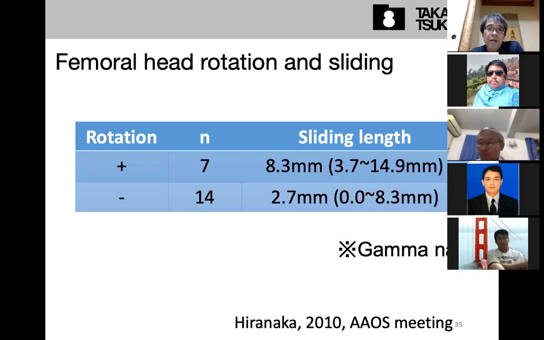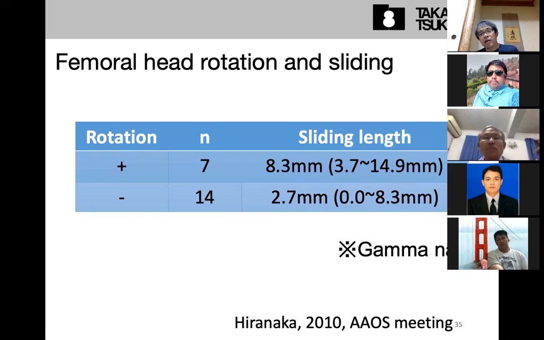Then I measured the sliding length and femoral head rotation at the same time. Interestingly, the sliding length is bigger in patients whose femoral head was rotated than in patients without femoral head rotation.